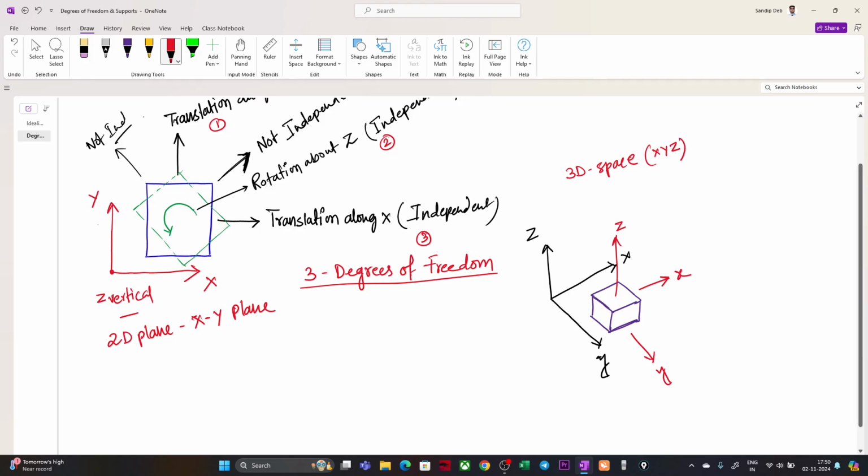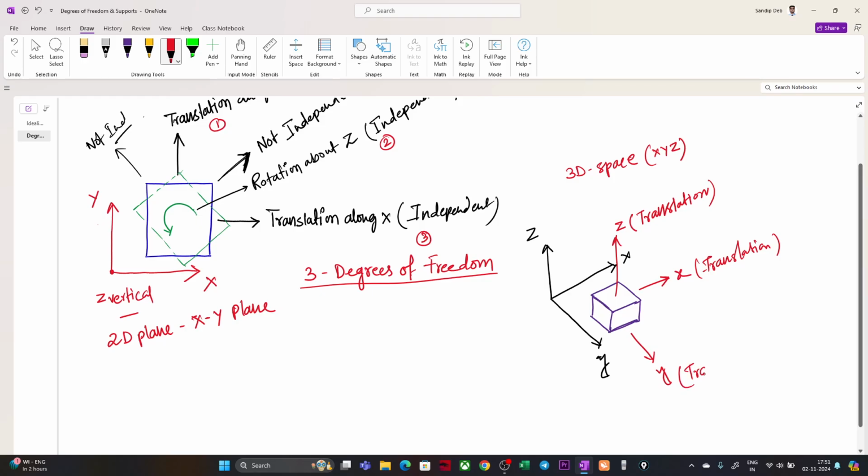This is also defined by x, y and z, but there we were not allowed to go up, because we were in a 2D plane. Now we are in a 3D space, so we can move along this direction. So these 3 are my translations. This is also translation.